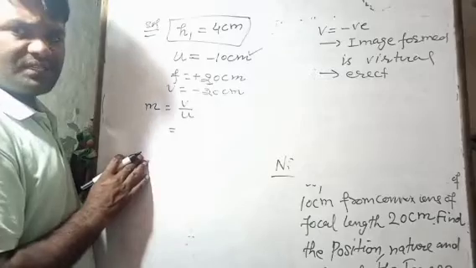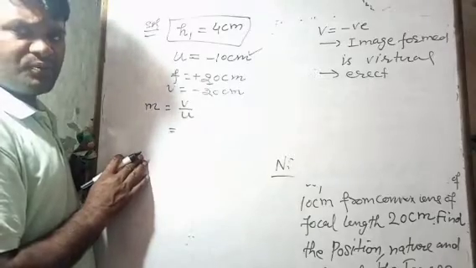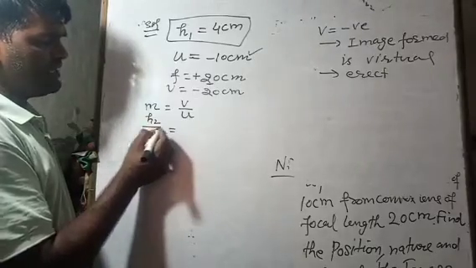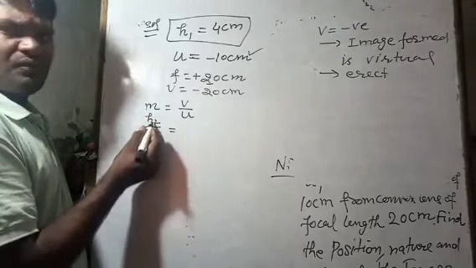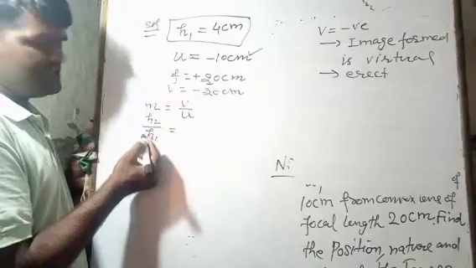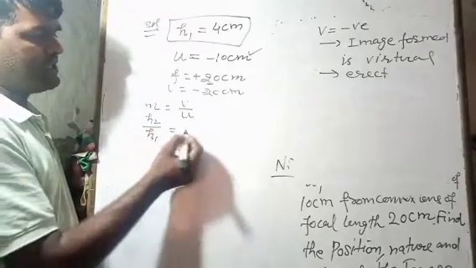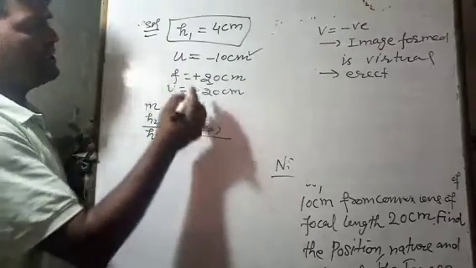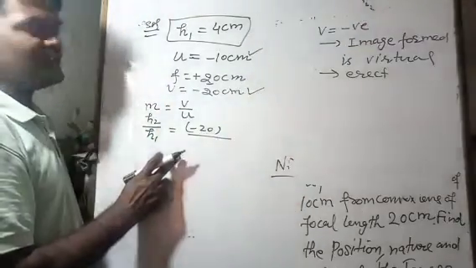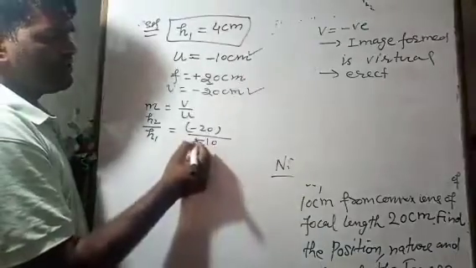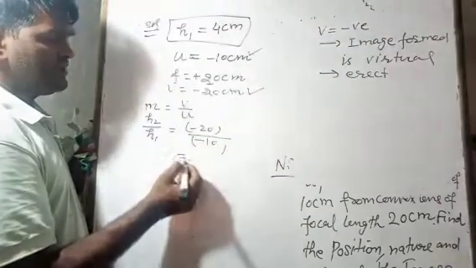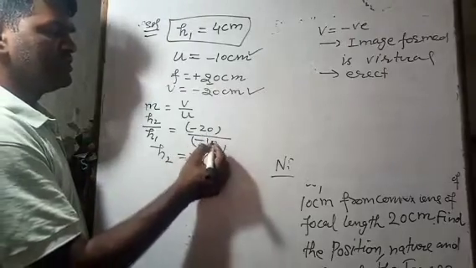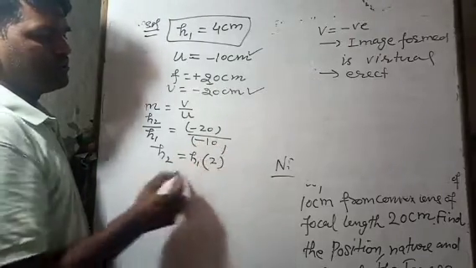And in terms of size of image to the size of object, this is given as H2 by H1, where H2 is the size of image and H1 is the size of object. So in place of V, we can put -20, because V we have calculated -20. U is already -10. Hence, my dear student, H2 will be equal to H1 into this factor 2.